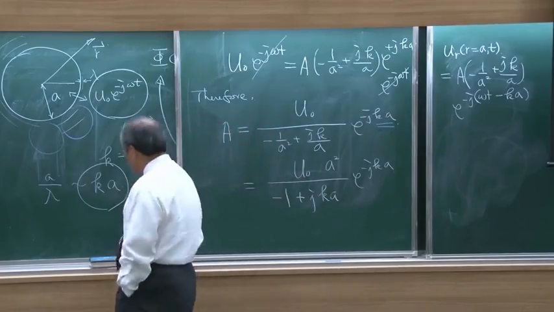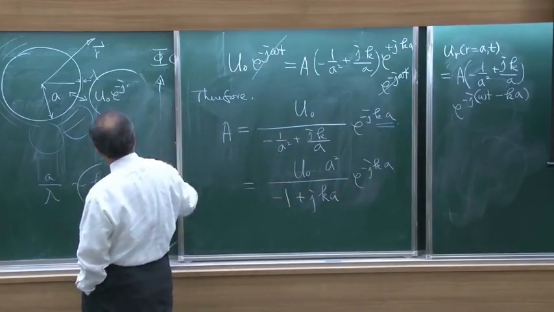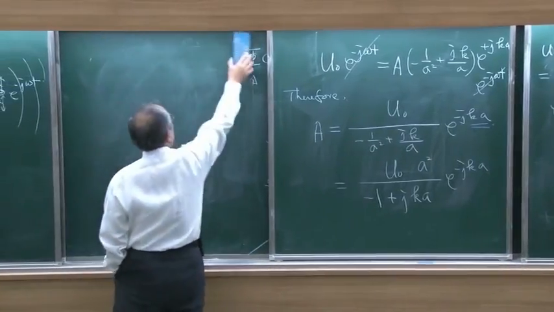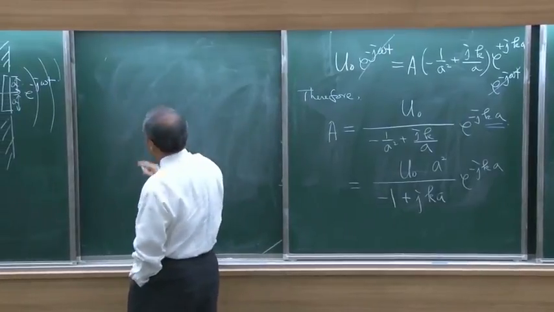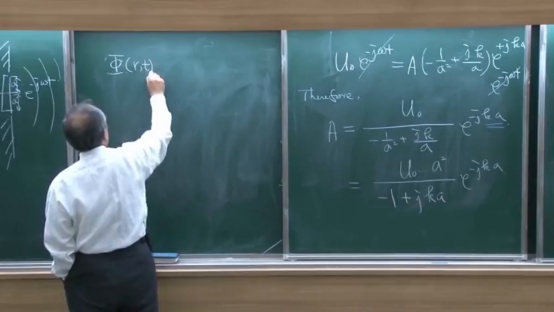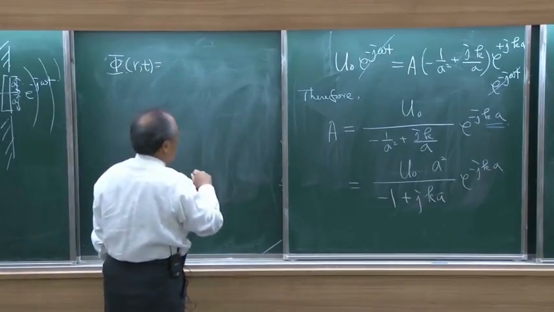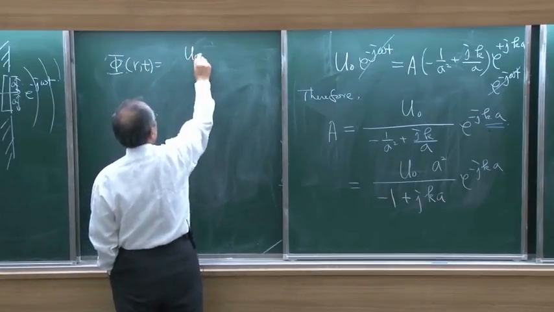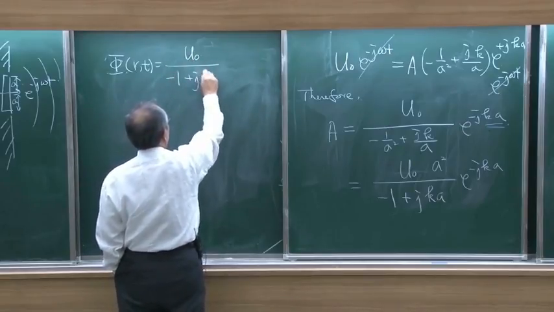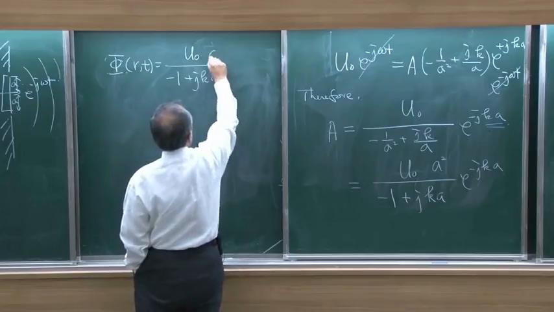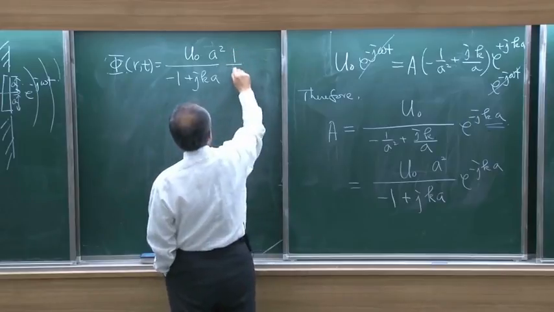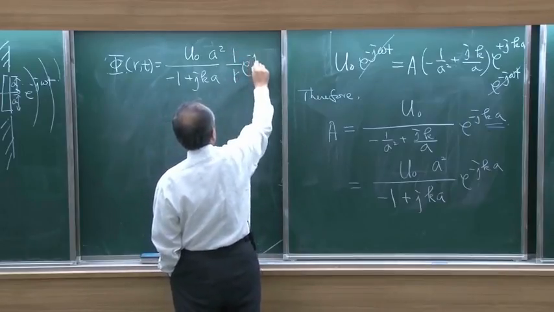Okay, that means the velocity potential phi(r,t) has to be equal to u0 minus 1 plus jka, a square, and that is A, and 1 over r exponential minus j theta.